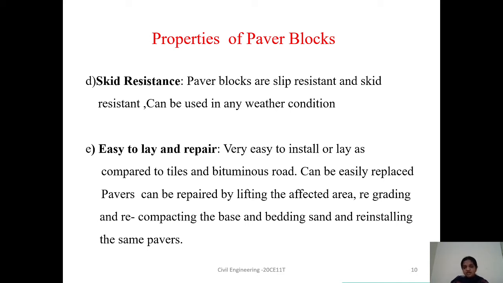It is easy to lay and repair. The paver blocks are very easy to install or lay compared to the bituminous road that is constructed. If there is a damage in the paver block, it can be easily replaced by lifting the affected area, regrading, recompacting the base and the bedding sand, and repairing by reinstalling the same paver or replacing the new paver block.